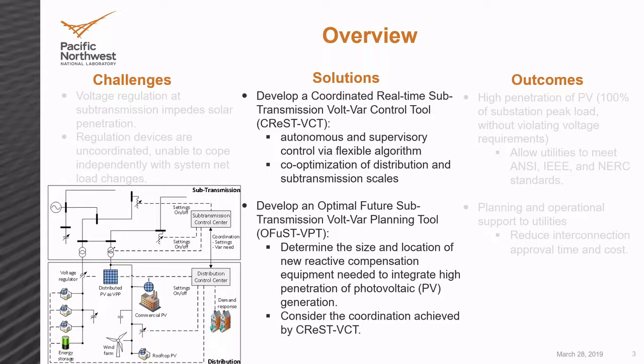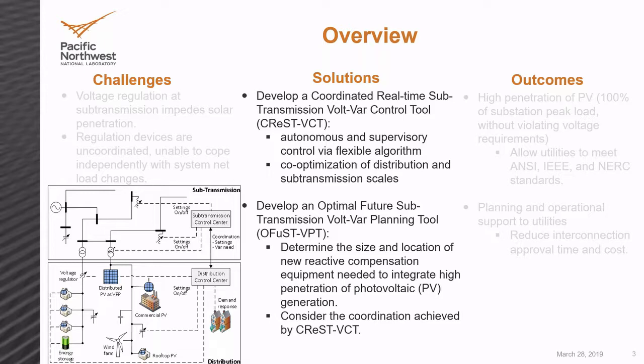The main idea is how we can take advantage of distributed generation, specifically the smart inverter and distributed PV, and treat them more or less like a virtual power plant that can support the transmission network by providing or absorbing reactive power, and coordinate their operation with other legacy components like capacitor banks and transformers, so that we are supporting the transmission network. Meanwhile, we are not violating any constraint on the distribution side.